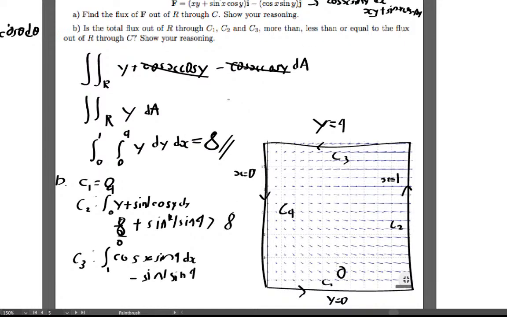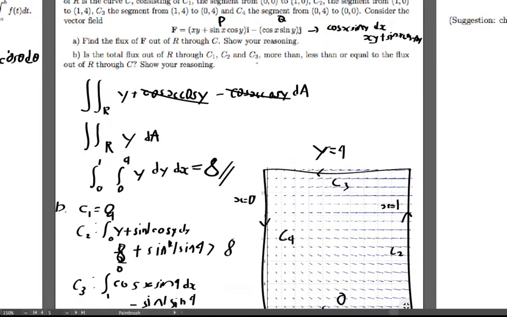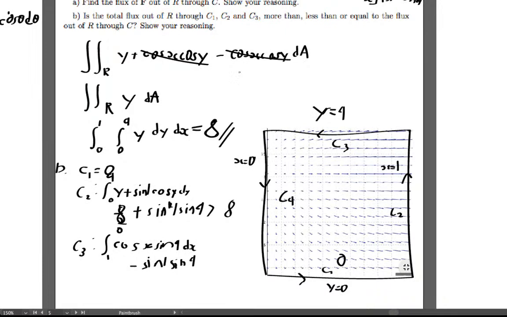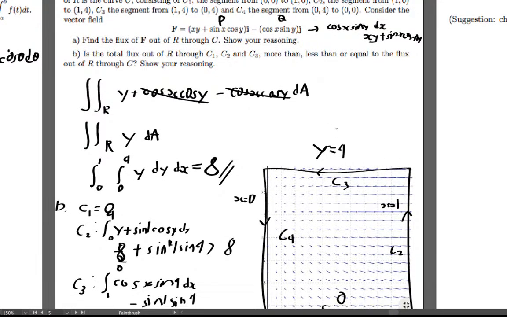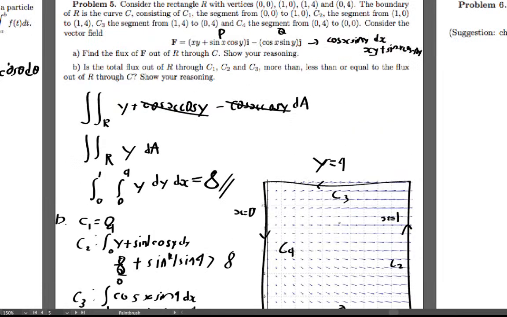But yeah, C3 is something. That is the total flux from C1, C2, and C3. C4 we don't really care about because C4 doesn't really have any flux. From C1, from 0,0 to 1,0, you have computed the entire thing.